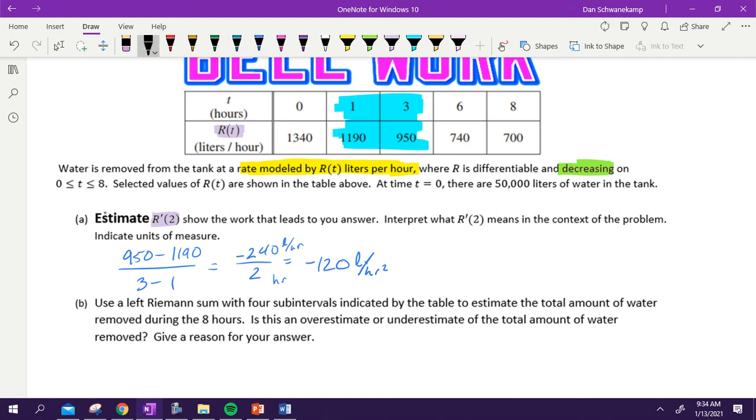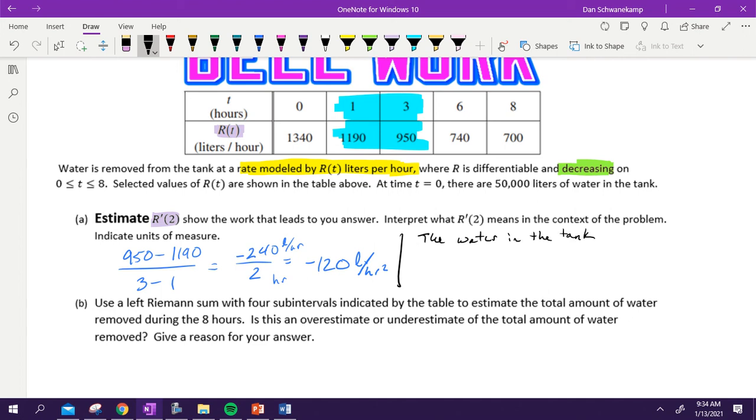Interpret what this means. Every time we interpret a derivative, we're always going to use kind of the same Mad Lib. You start off with what you were given. What does R of T represent here? Yeah, the water in the tank. What is happening to the water?